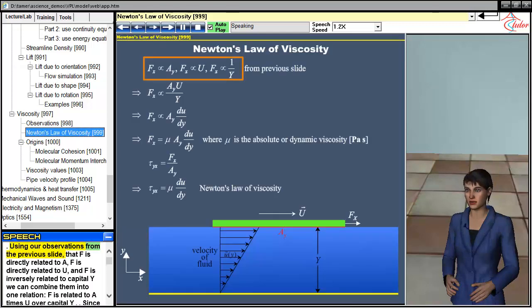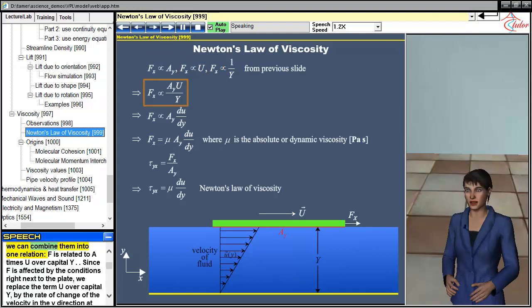Using our observations from the previous slide, that F is directly related to A, F is directly related to U, and F is inversely related to capital Y, we can combine them into one relation. F is related to A times U over capital Y. Since F is affected by the conditions right next to the plate, we replace the term U over capital Y by the rate of change of the velocity in the y direction at the plate-fluid interface, or du by dy.